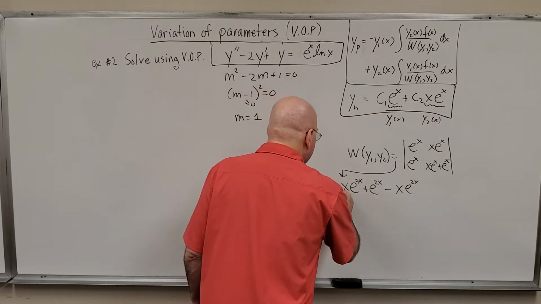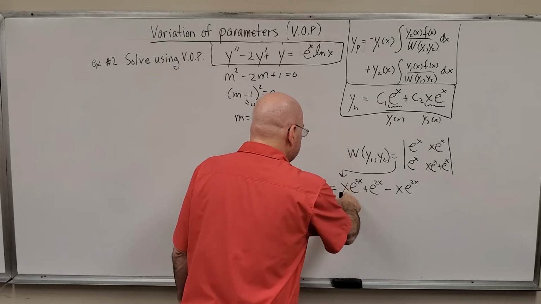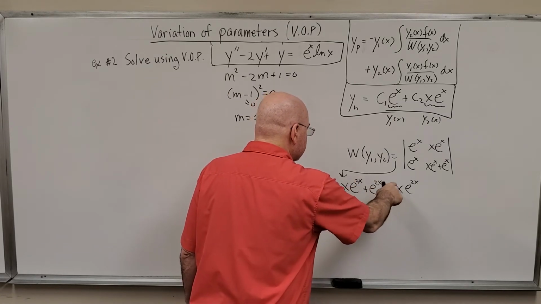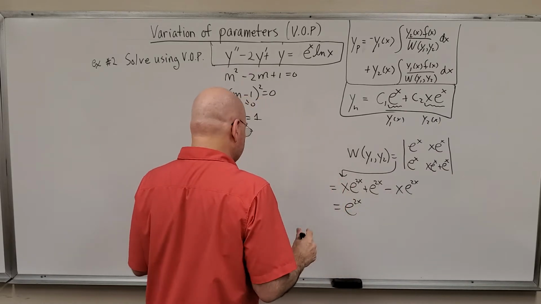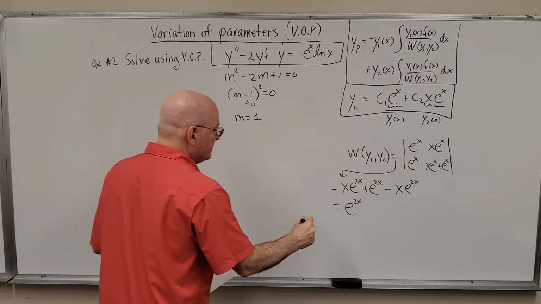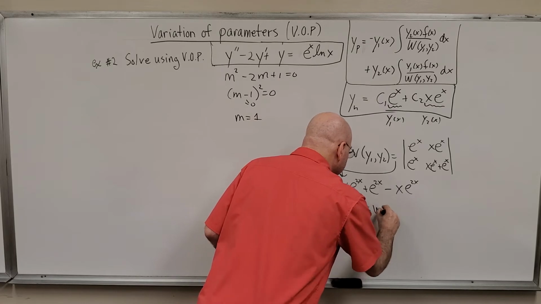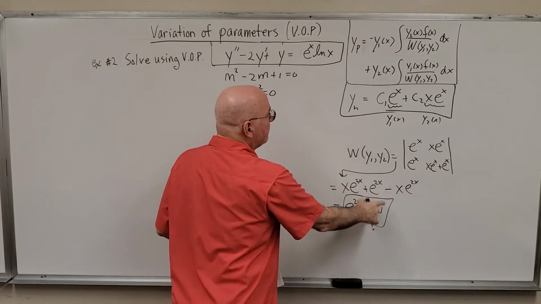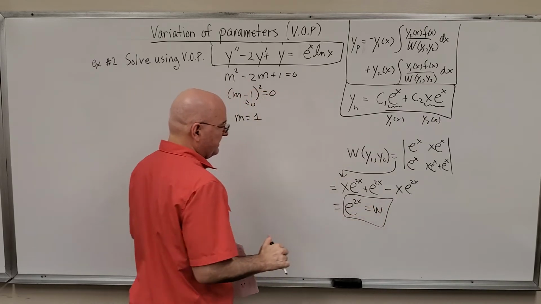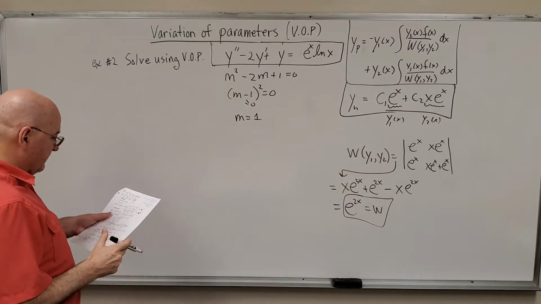So x e to the 2x minus x e to the 2x goes away, and we get just, for the Wronskian, e to the 2x.